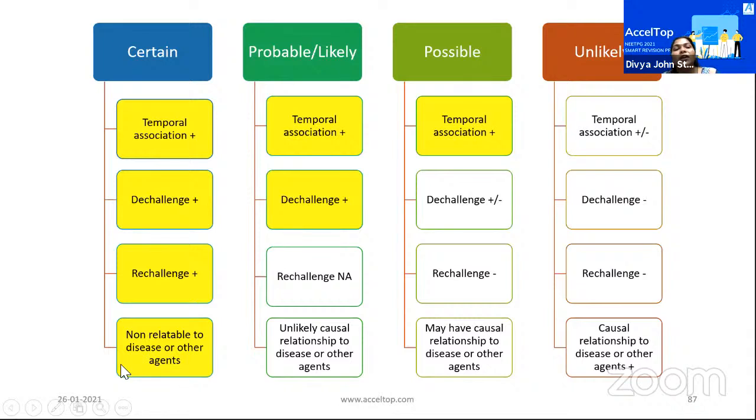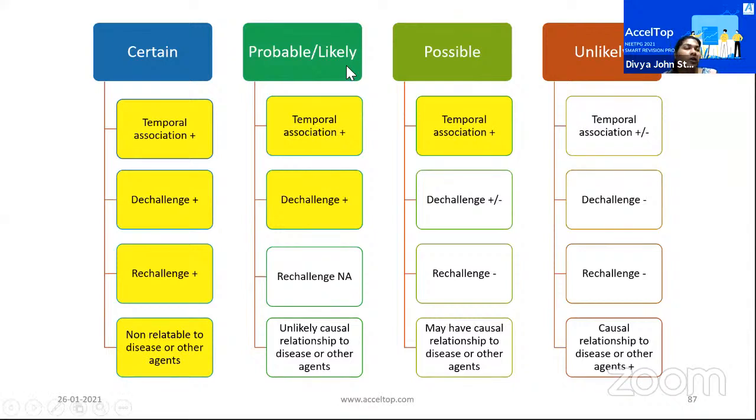And if you can relate that adverse drug reaction to another disease, another agent that has been given, or another condition the patient has, then it will rule out the certainty of causality between the drug and the reaction. So for a drug to have a certain causal relationship to a particular ADR, it should have a plausible temporal association, re-challenge should be positive, and it should be non-relatable to another disease or any other drug given.